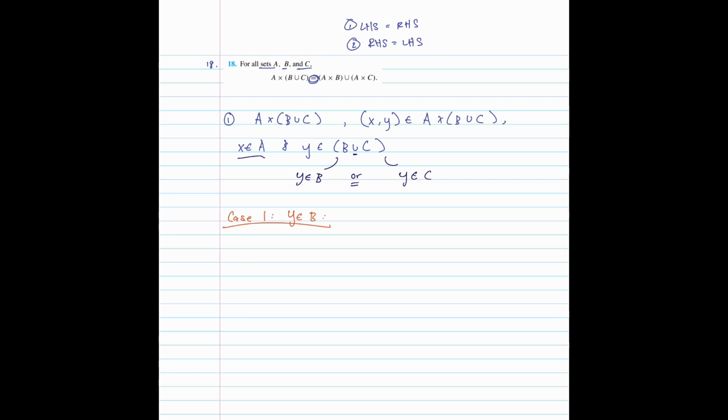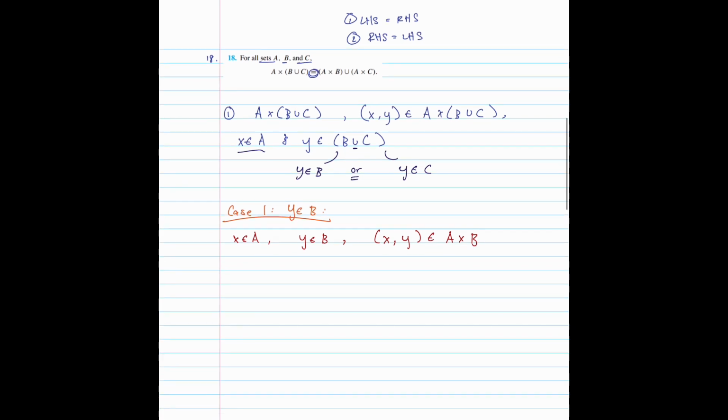Right, so we have that X is an element of A and Y is an element of B. So from these two, we could just say XY is an element of A times B. And if you remember, in the end we basically just want to prove that X is an element of the right-hand side, which is all this, right?